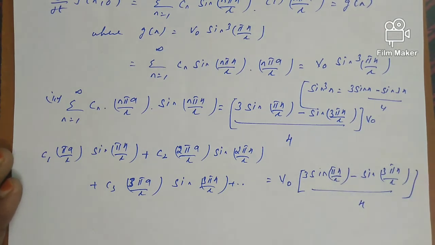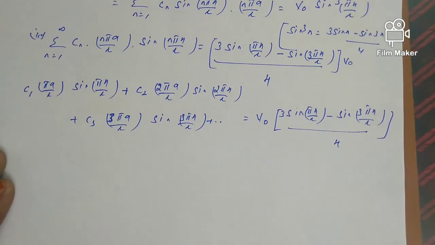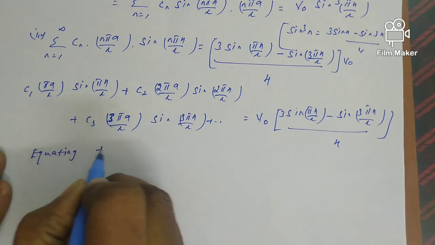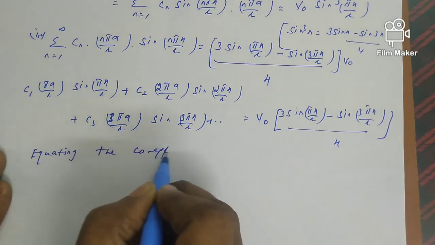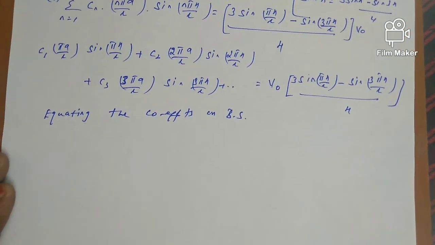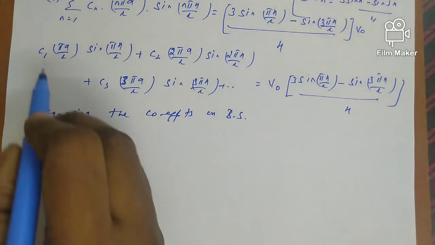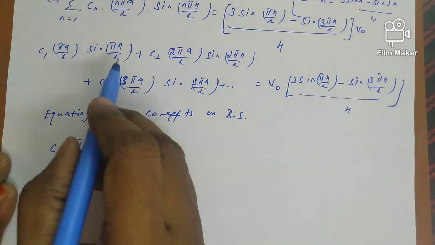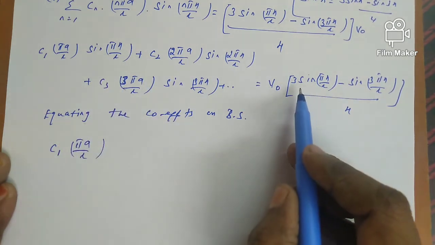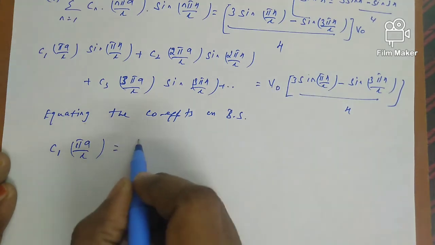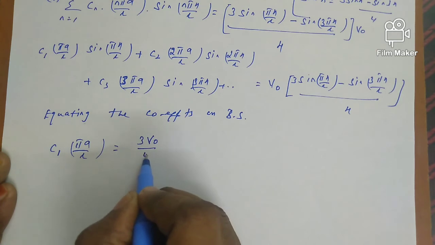So now we are going to equate the coefficients on both sides. First, C1 πa/L into sin(πx/L). On the right hand side we have 3v0/4.